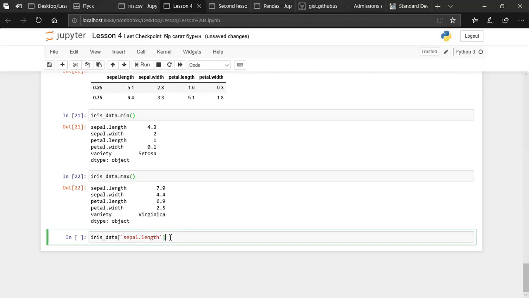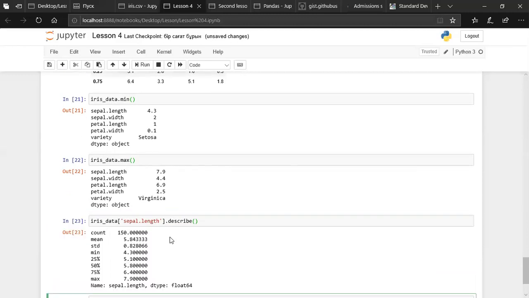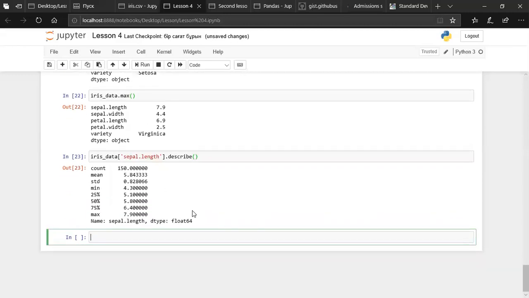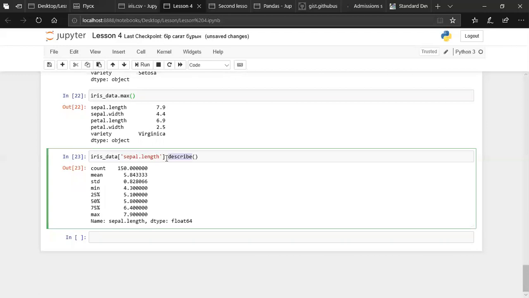And describe this. Describe. Yeah, describe. So this is like, wait, this should be like count. Wait, instead of describe, can you write unique? Yeah, unique.